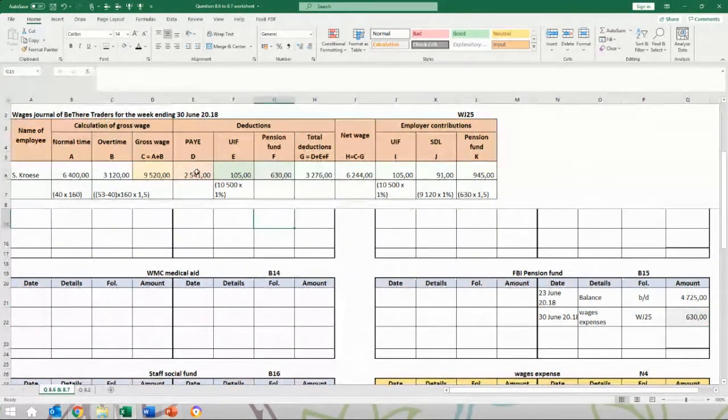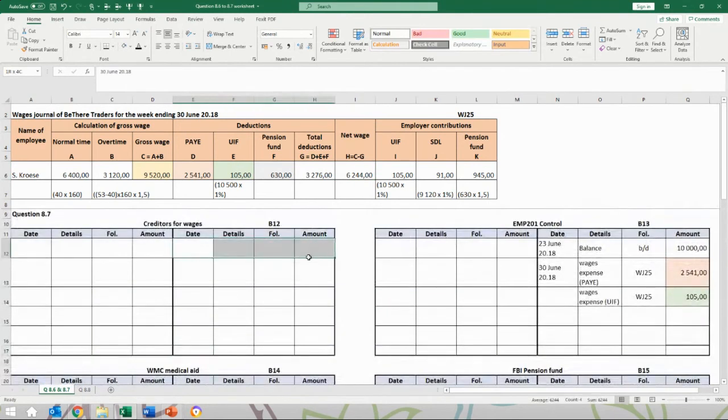Okay, so now we've done all the deductions that were deducted from our salary. Where does the net wages amount go? To which account do we capture the net wages? Okay, Queasy, that's correct.